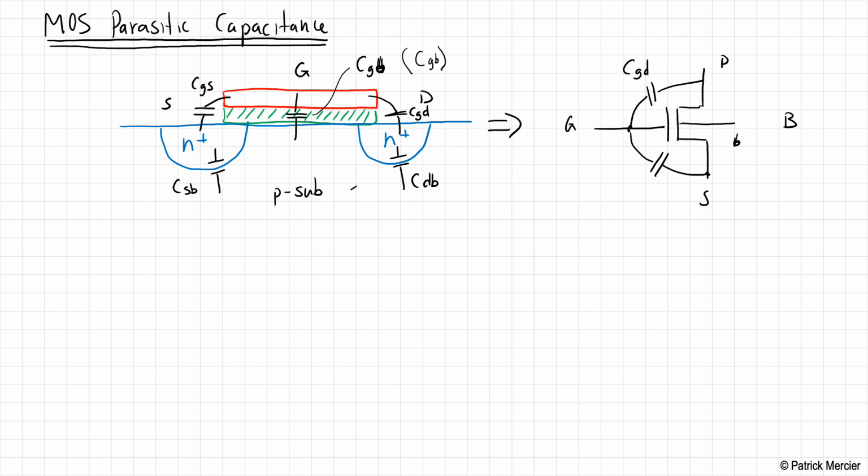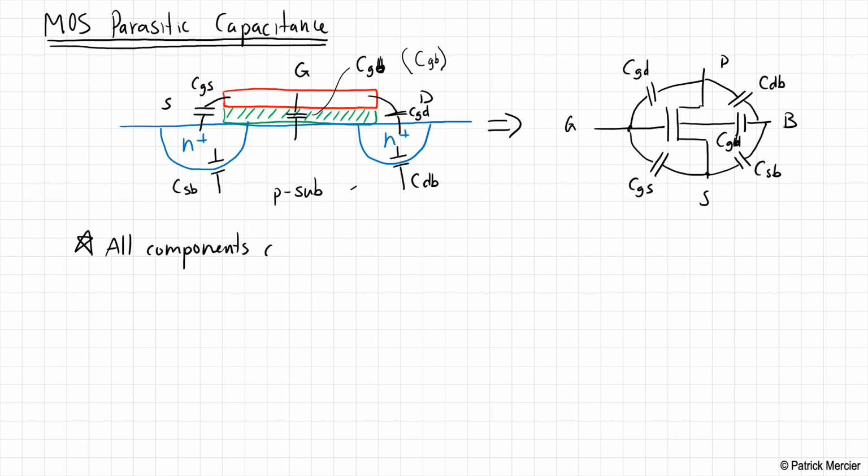So between CGD, CGS, we also have capacitance between the gate and the bulk, that's CGB, and then we have capacitance CSB and CDB. Okay, so unfortunately, this ends up slowing our digital circuits down. So as digital circuit designers, we have to be very careful and be aware of all of these various types of capacitance.